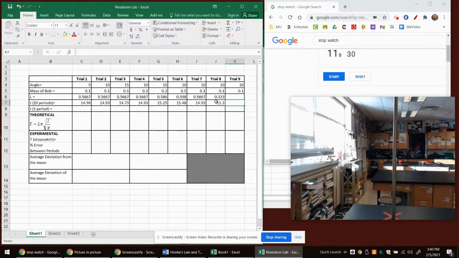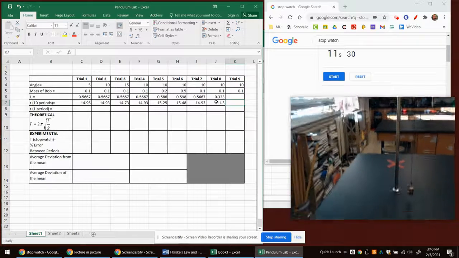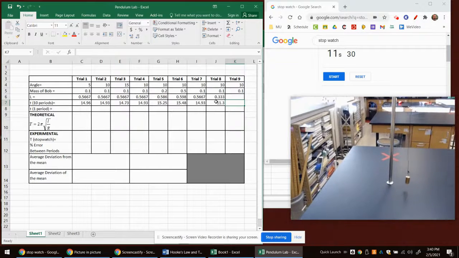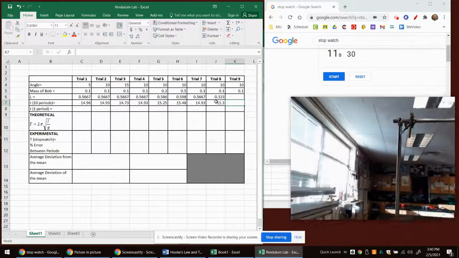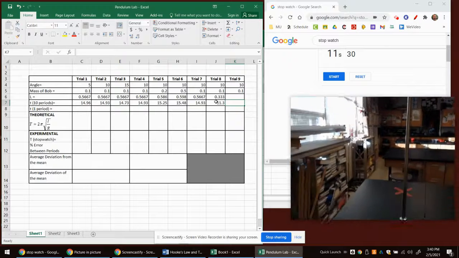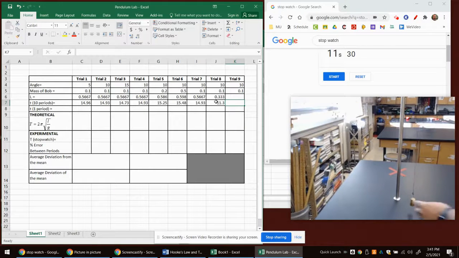It's almost down to the desk at this point. So we'll take a look down at the desk. And again, I'm going to pull it back 10 degrees. I'm measuring the angle up top using my protractor, and I am going to pull it back exactly 10 degrees. And I'm going to let go of it.